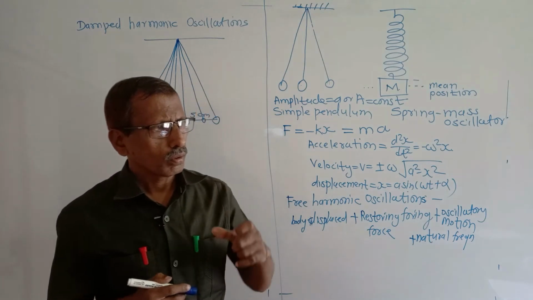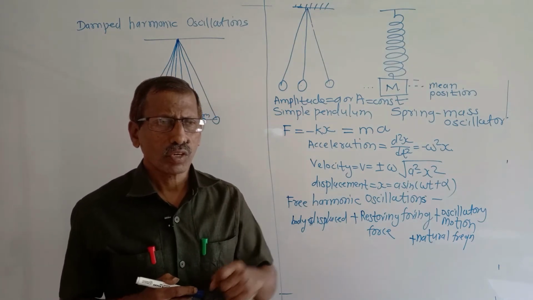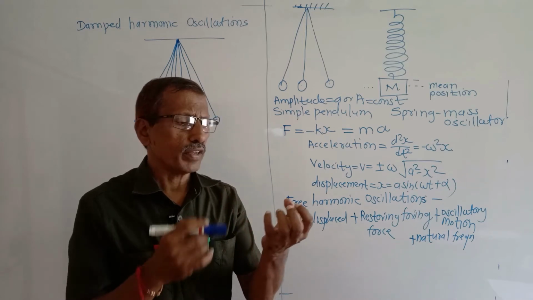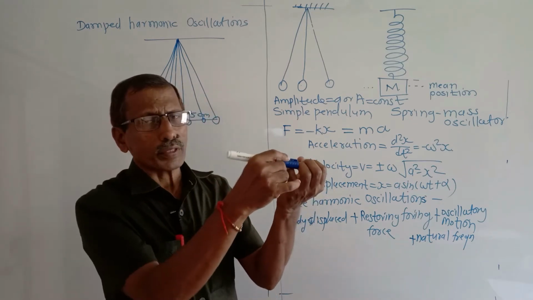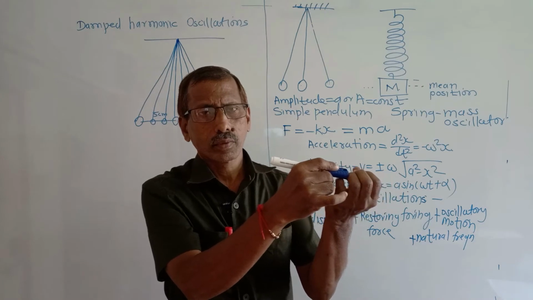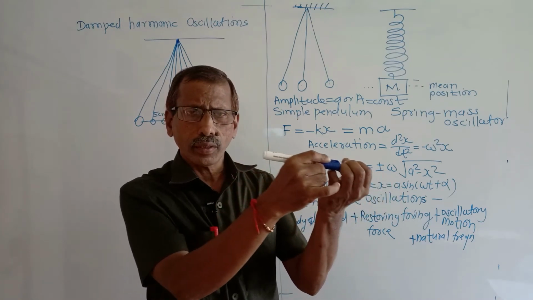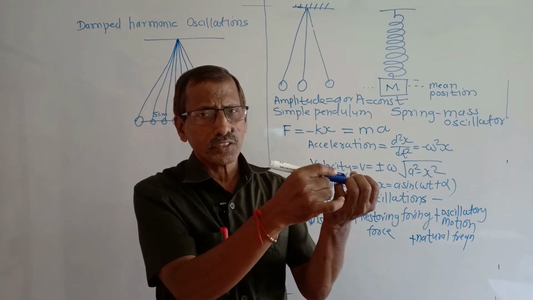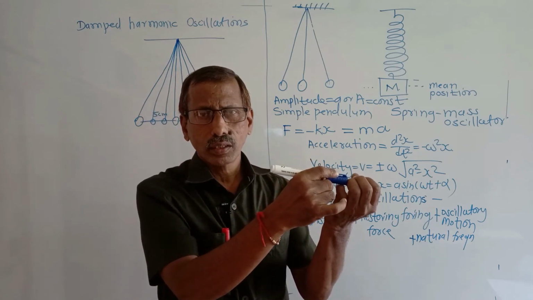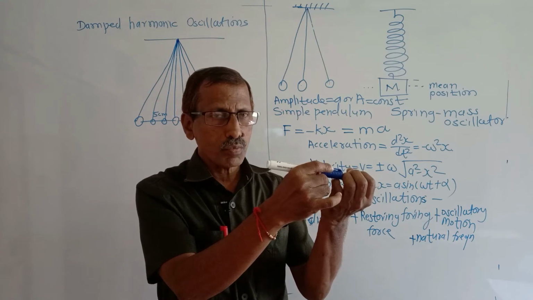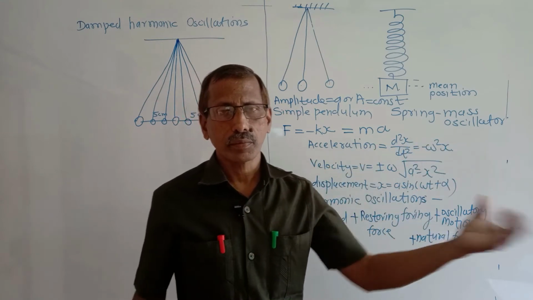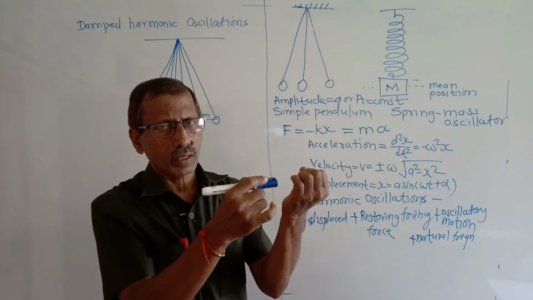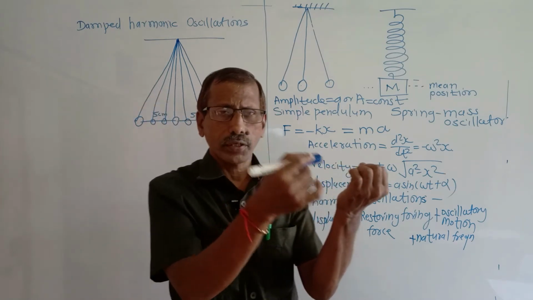Consider one example: we have a body and we apply a 5 Newton force on that body, and the body is in motion. Again we apply a force of 5 Newton in the same direction. What will happen? The body moves with higher velocity, because when we apply the force in the same direction, the resultant force is 10 Newton.